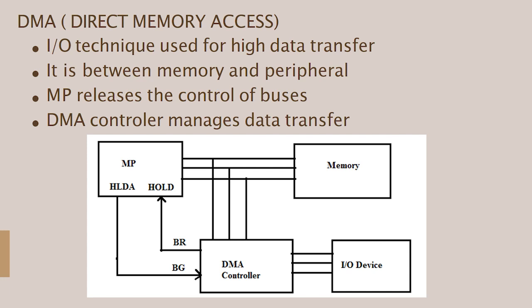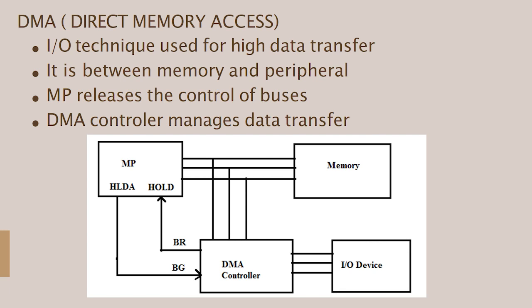The DMA is present between the memory and peripherals. A peripheral is nothing but an input-output device. The microprocessor gives all the controls to the DMA. Control means control of the address bus and data bus.